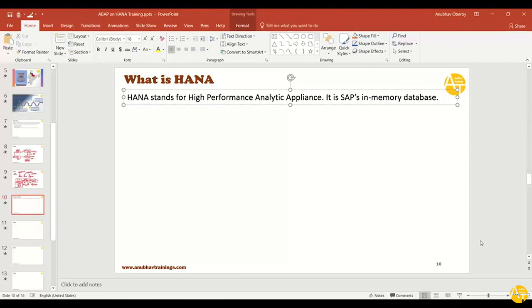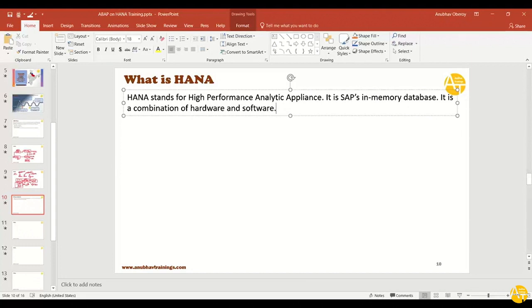Since it is a database, why is it called an appliance? Because HANA is not just a database. It is a combination of hardware and software. And this is why it is called an appliance, which means this is not like an Oracle database which you can run on your personal computer. In order to run the HANA database, we require specialized hardware.